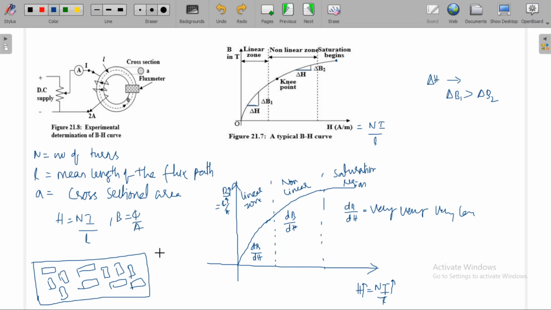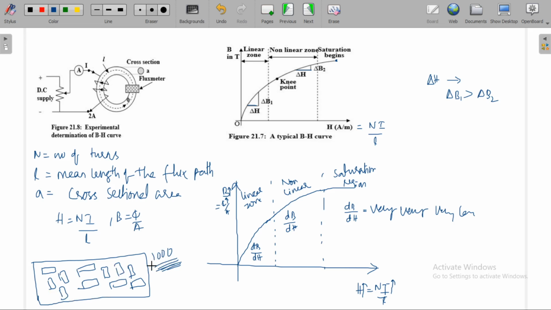You do one thing. For example, take 1,000 domains. Practically, a very large number of domains are present in a magnetic material, but let us take 1,000 domains present in this magnetic material.